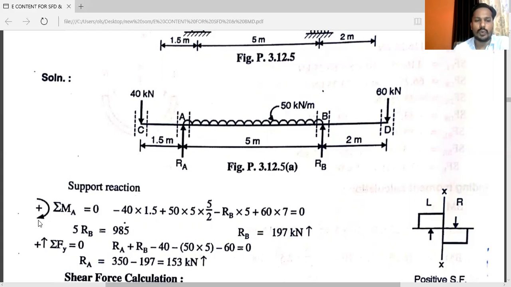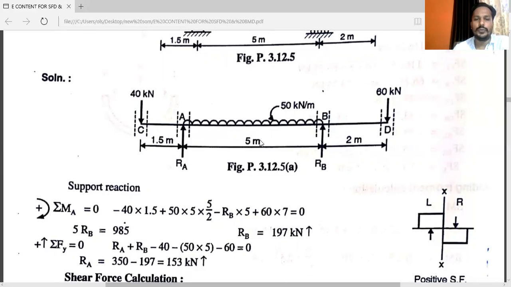Mention clockwise positive. About point A, the 40 kilonewton force will move in the anti-clockwise direction. So minus 40 into perpendicular distance between C to A, that is 1.5. Plus, you can see this 50 kilonewton per meter UDL is given between A to B, but you have to convert it into the equivalent point load.